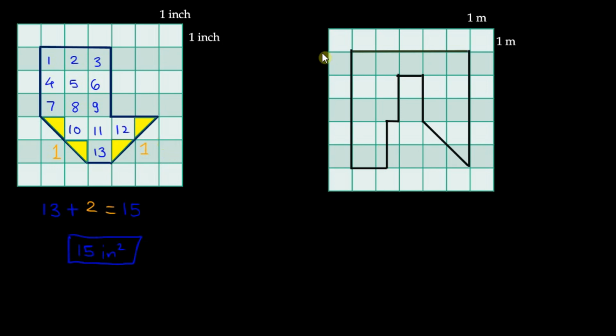Okay, now here each small square on this grid has a side of 1 meter. That means each small square is 1 square meter. Again, this shape does not fit perfectly on the grid. There are two half grid squares here and two triangles which are half of the whole square.